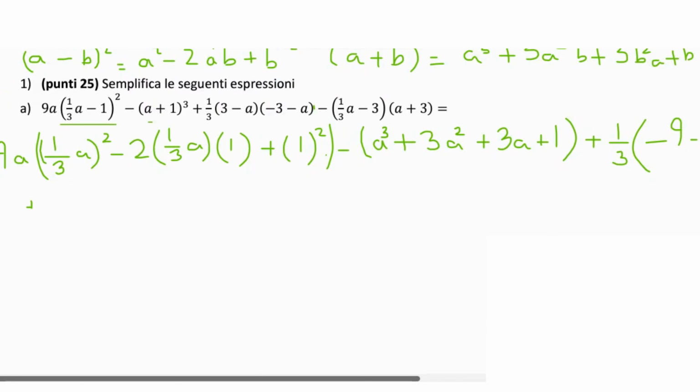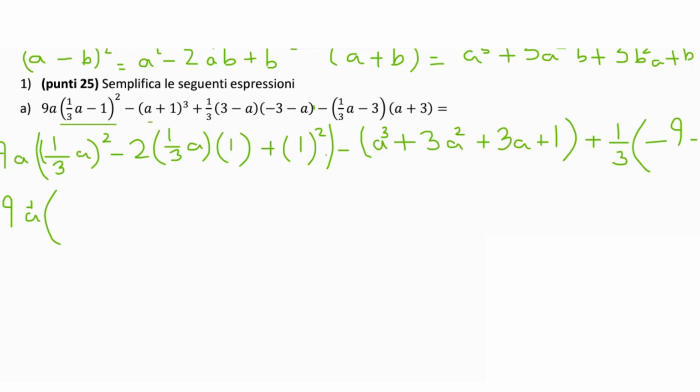Here we need to work on it by taking the square and it would become 1 out of 9 a square.